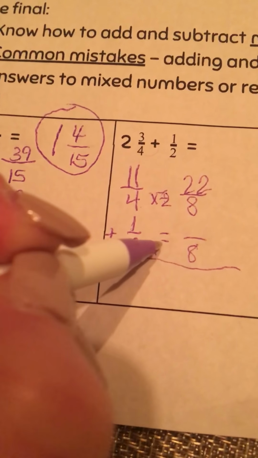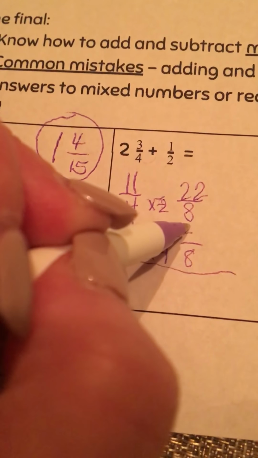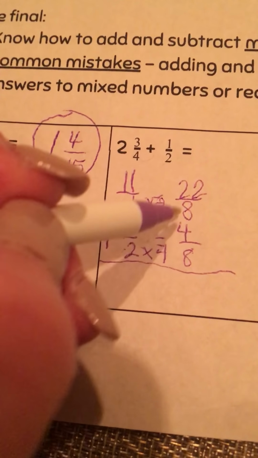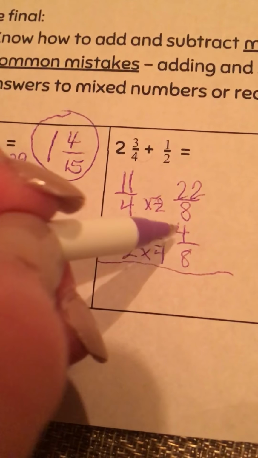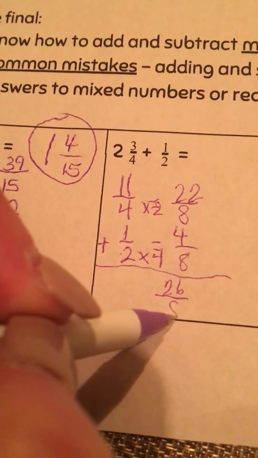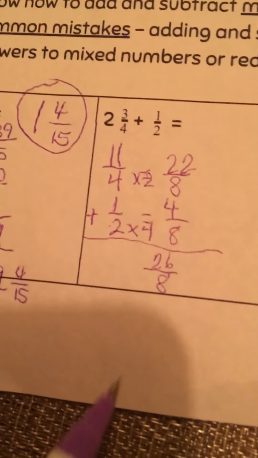And since 2 times 4 is 8, 1 times 4 is 4. Then this tells me to add. So 22 plus 4 gives me 26/8, and I have to change that back to a mixed number.